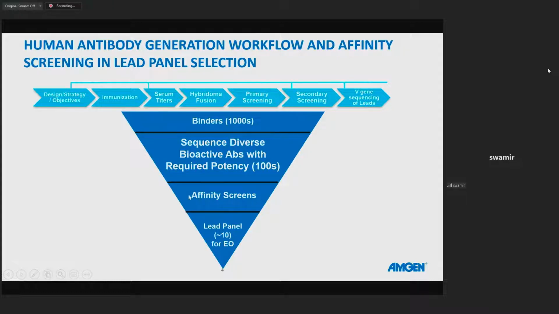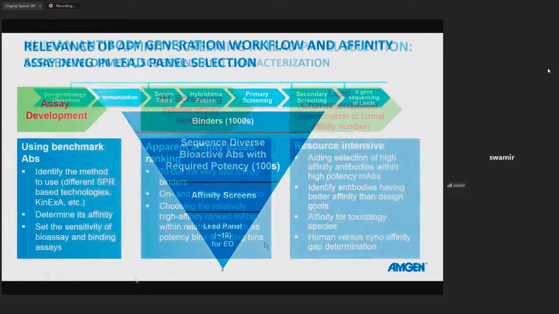At this stage, we use the affinity screening for the design goal. Often our design goals are less than 100 picomolar affinity range. So we use different affinity screening platforms to select the top 10 leads which will go for early optimization.